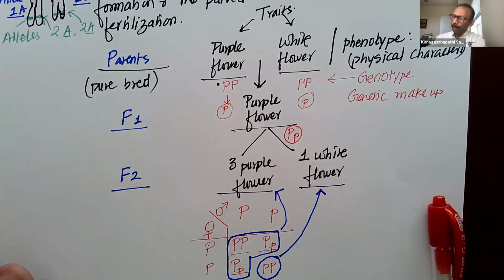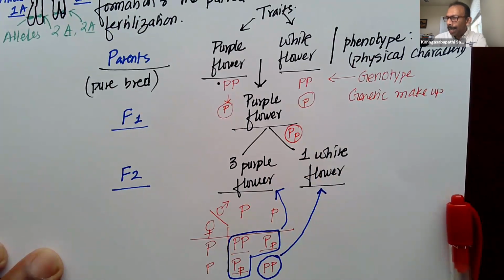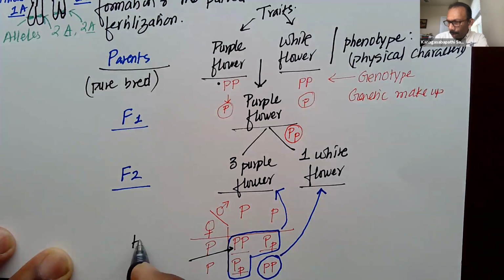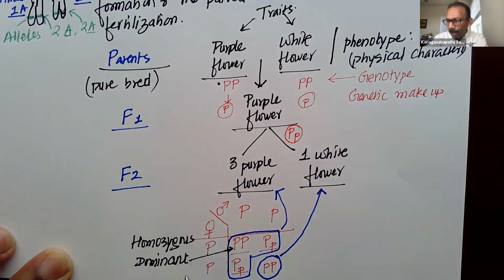And so if you look at each one of them, how can we explain this? You have this both uppercase, you call this homozygous dominant, and zygous refers to the zygote, the fertilized egg condition. Genetic makeup is the same.